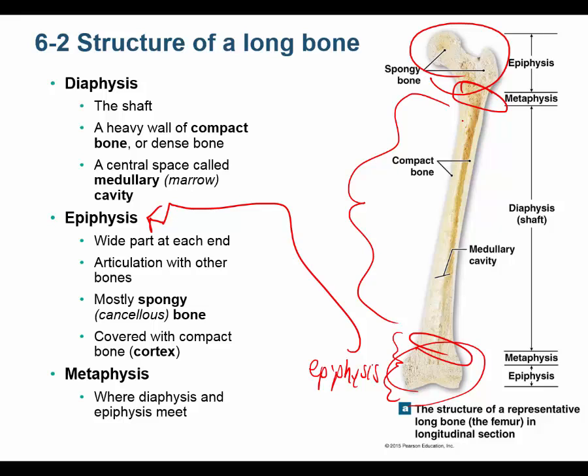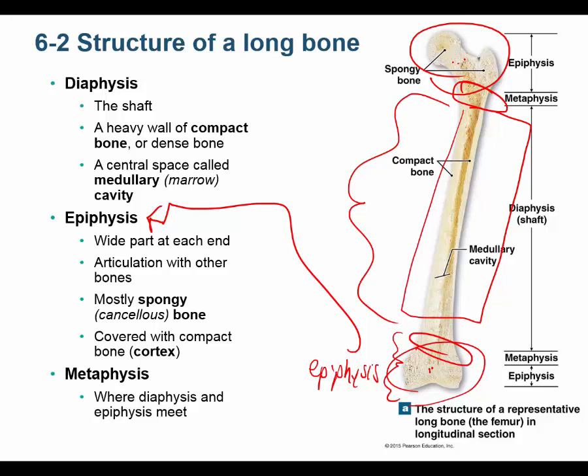In long bones, the diaphysis is compact bone, whereas the two epiphyses are spongy bone. Now, I told you that the marrow of long bones turns into yellow marrow or lipids as you become an adult, and that's true. However, in the epiphyses of your long bones, even as an adult, you may retain some red marrow.